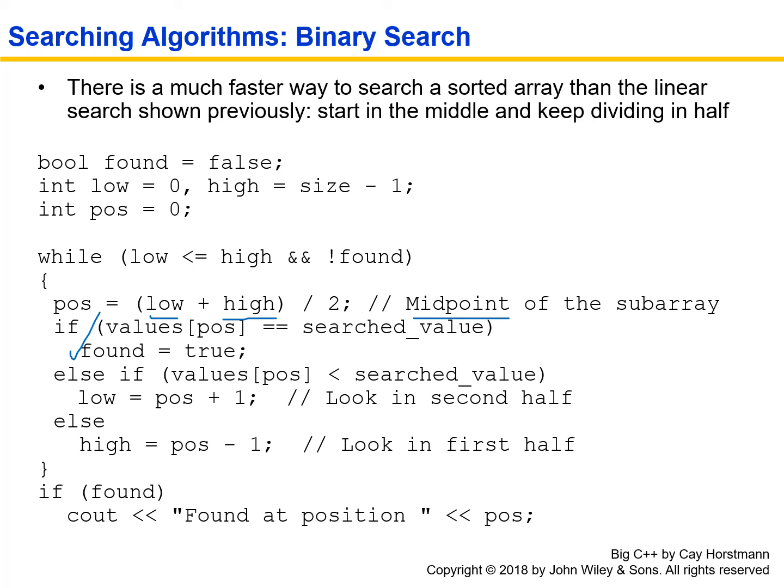If not, we check if it's less than the searched value, in which case, this being a sorted list, we know we have to look in the area of values that are greater than that, so our new low value becomes position + 1. If values is greater than the searched value, then we know it has to be on the left side, so the new high becomes position - 1.